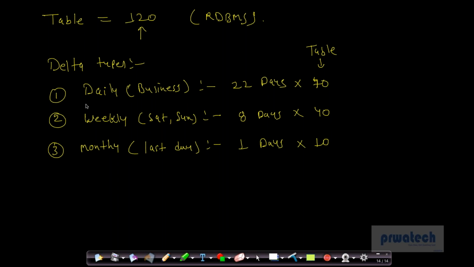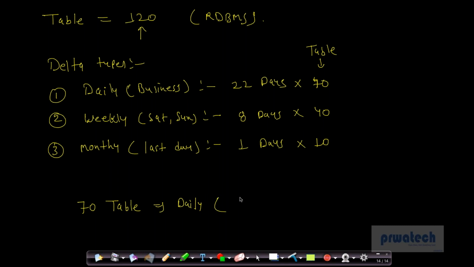Now, in daily, 70 tables are running. We need to check what the average volume of these tables is. I'm keeping an average because I cannot count one by one, it will take time.